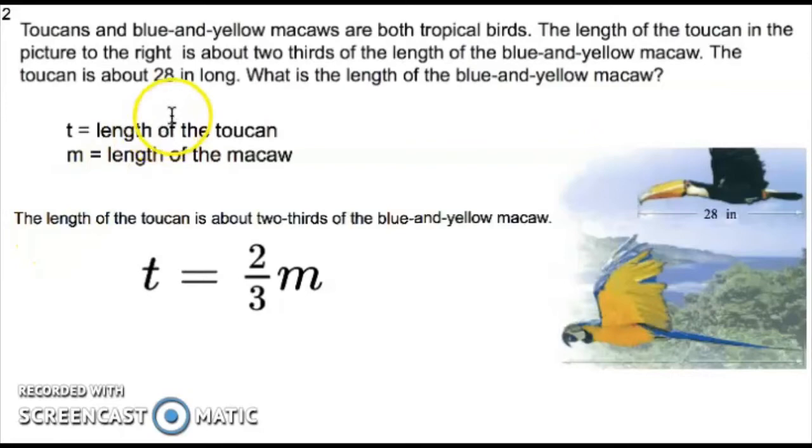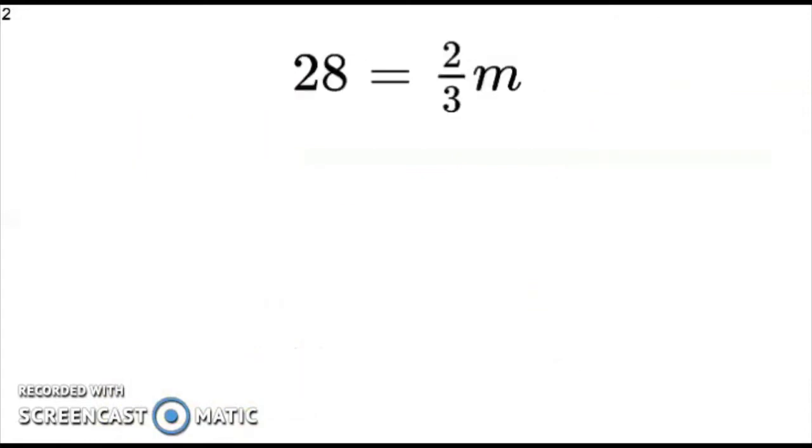Now I'm given that the toucan is about 28 inches long. So replace t with 28, set that equal to 2/3 m, and now I can solve for m to find the length of the blue and yellow macaw. So what I would do is multiply both sides by the reciprocal of this fraction to get rid of it. The reciprocal is the fraction flipped upside down.